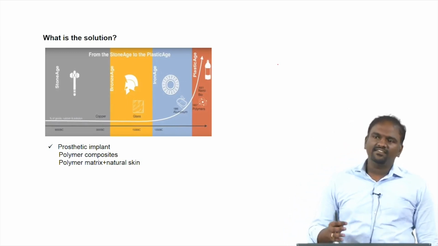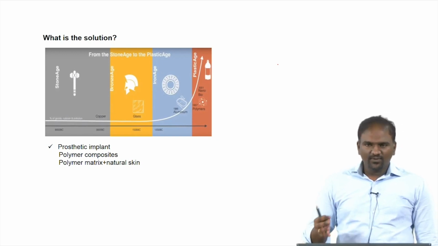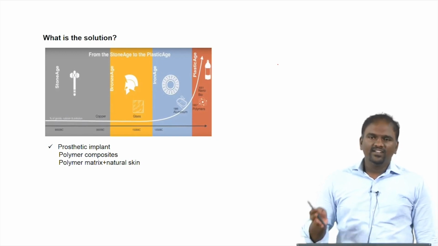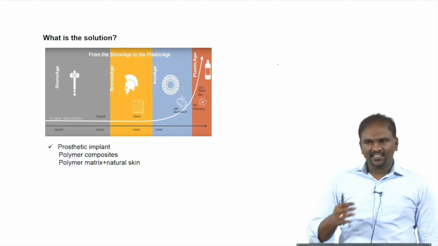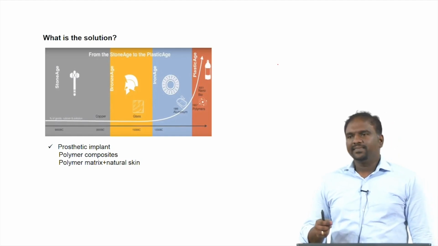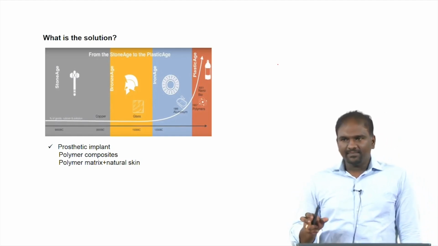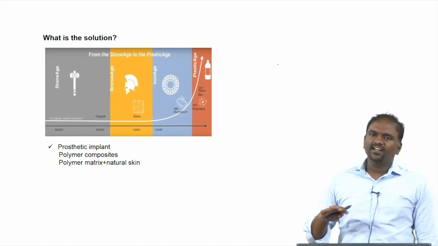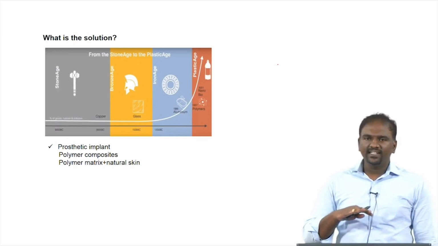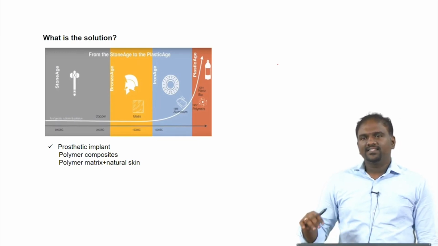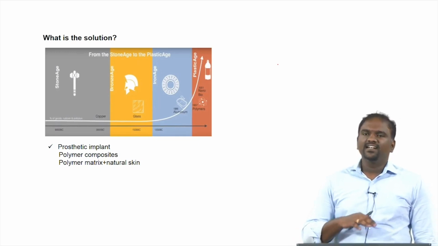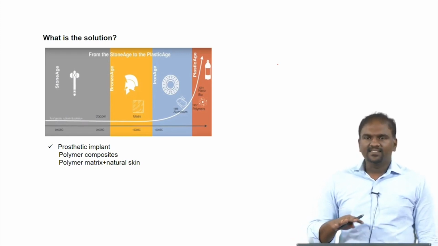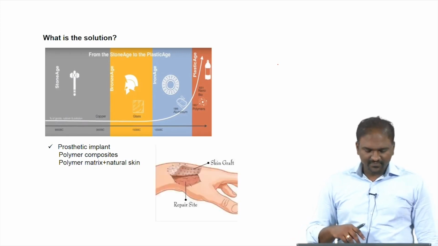Instead of taking the graft from the patient's own body, we can use a polymer as a skin graft, because ultimately we are developing the graft just to cover the wound bed. Once we cover it and the graft is completely biocompatible, the cells will start infiltrating into it and try to form the normal structure of the skin.